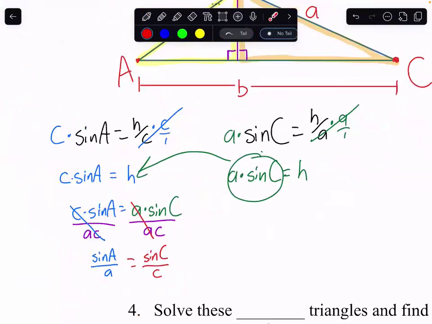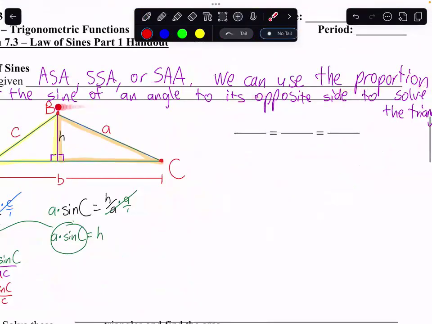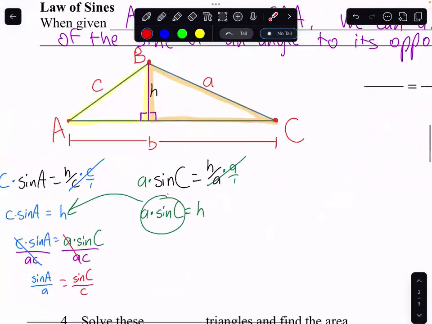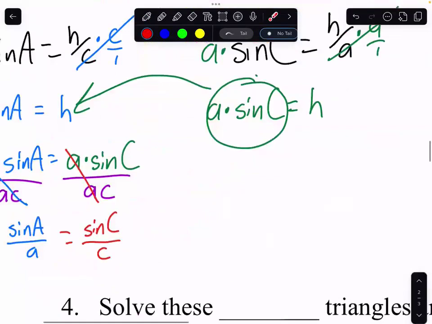So this is what I meant earlier when I said we can use the proportion of the sine of an angle to its opposite side. The sine of angle A and its opposite side, lowercase a, that's one ratio, and you set it equal to the c's also.